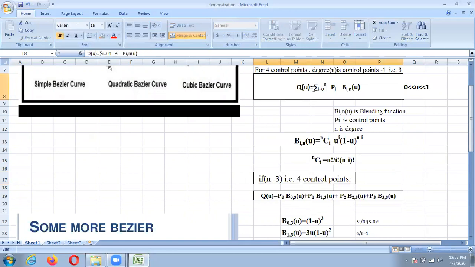So how do we write this equation? q of u equals the summation from i equals 0 to 3 of p i and b i comma 3 of u.